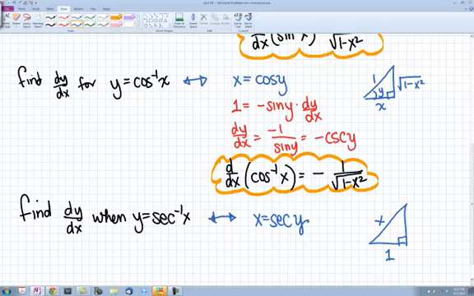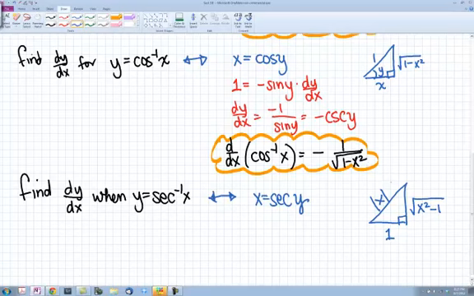But because this x value can be negative and I need to draw my triangle so that I have a hypotenuse that is always positive, I'm going to throw in an absolute value of x over here. So that this becomes the square root of x squared minus 1. Unless I tell you already that x is positive, we want to make sure that you don't have a hypotenuse that is negative.